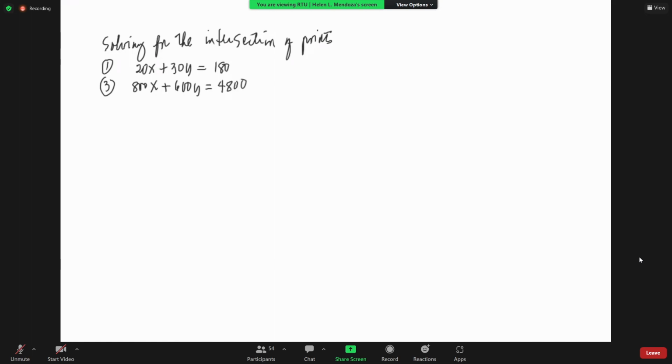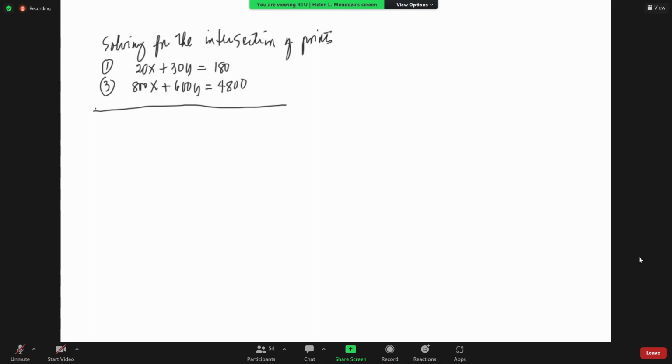So if you want to simplify, then you ask yourself, sino ba dyan yung gusto mong tanggalin? Si X ba o si Y? So, supposing we would like to get rid of Y o kaya X. So, kung X ang tatanggalin natin, we ask that question, what would be the multiplier of 20 if we would like to come up with 800?